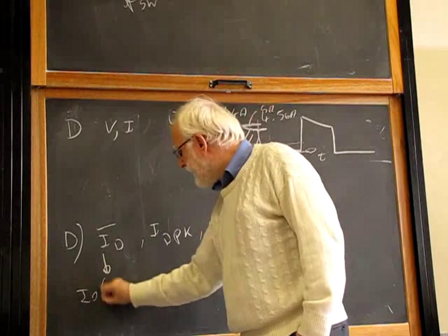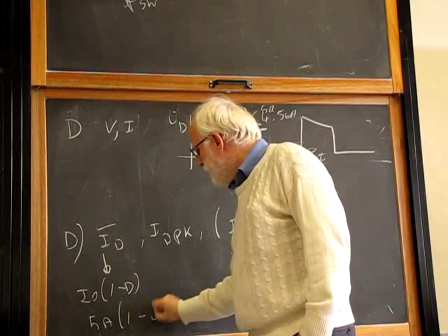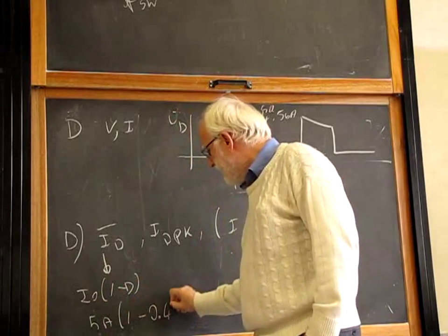Let's say I naught times 1 minus D, that is 5 amps times 1 minus 0.43.